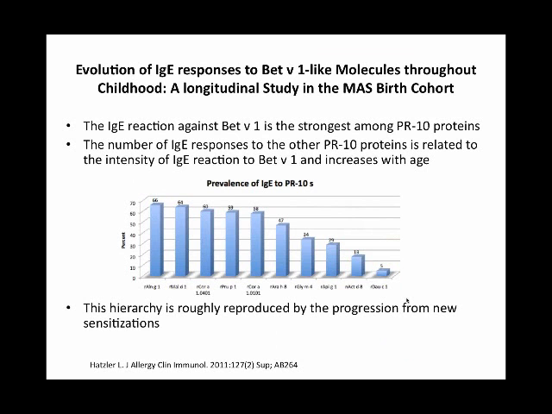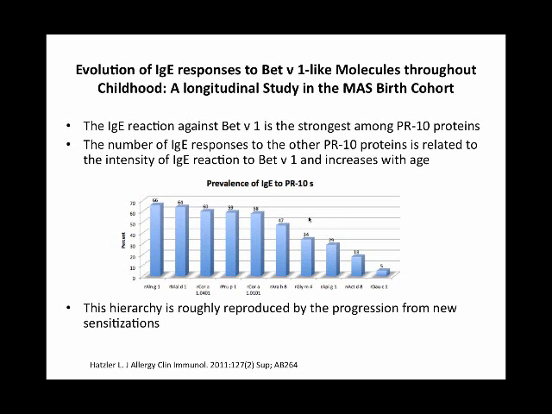There is some work out of Germany where they looked at PR10 sensitive patients, and they observed that the more extensive the sensitization to PR10s, the more severe the disease. It's not necessarily the level, but if you have more of a polyclonal response, you've had the disease longer and it's more intense. It starts out certainly with birch as the most common, followed by, in Germany, I guess it was the alder tree.